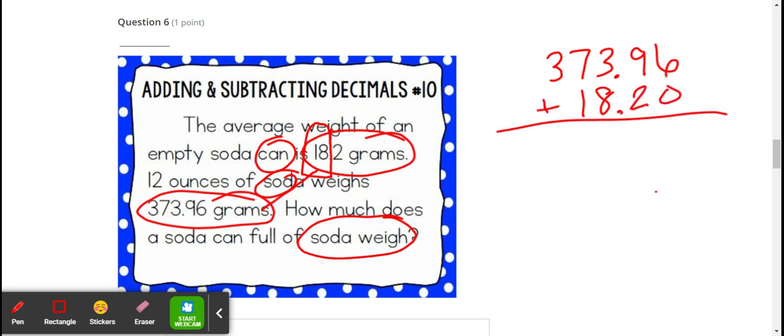We're trying to find the total weight, so we're going to add: 6 plus 0, 9 plus 2 is 11. That's going to give us 4 plus 8, which is 12, 7, 8, 9. So the total can should have 392 and 1600 grams.